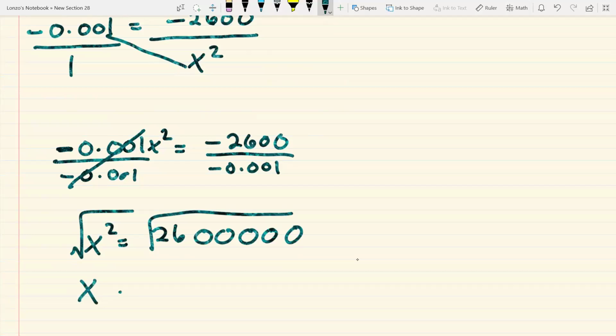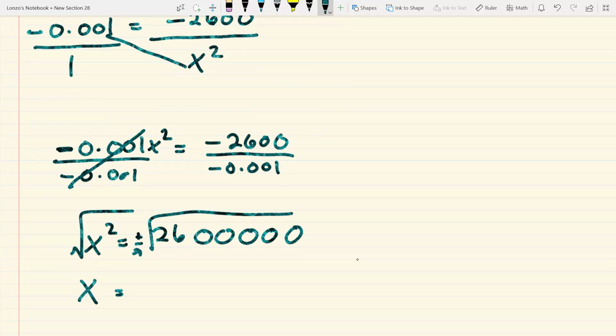Remember when you take the square root, you get a plus or minus. I think you're going to exclude the minus because you don't want to have a negative quantity. So let's use the positive. What's the square root of 2,600,000?